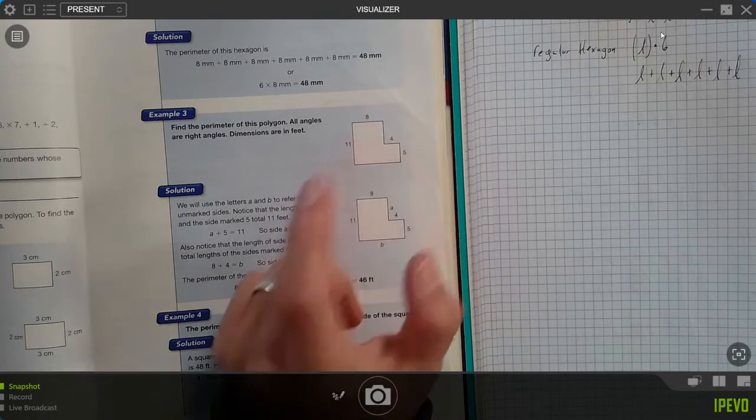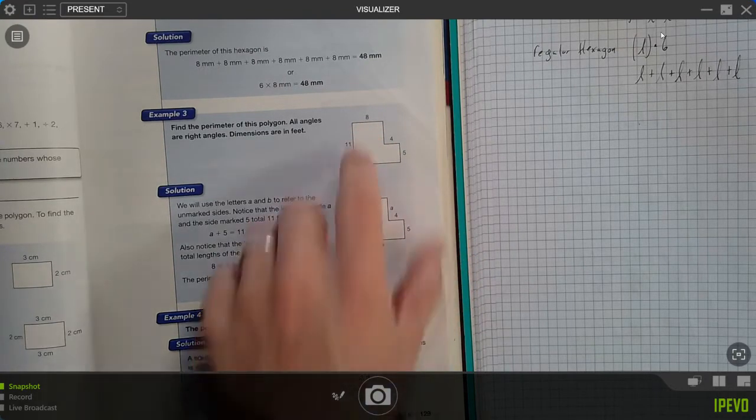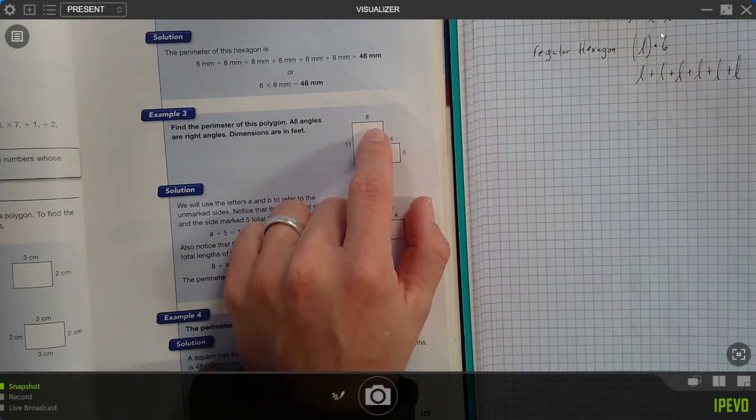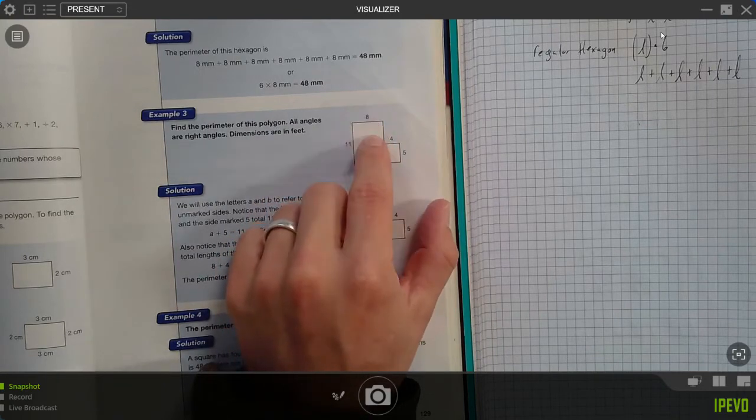We're actually able to do this. It doesn't matter if it's irregular or regular when we're doing this, for the perimeter anyway. For the area, it'll matter a lot.